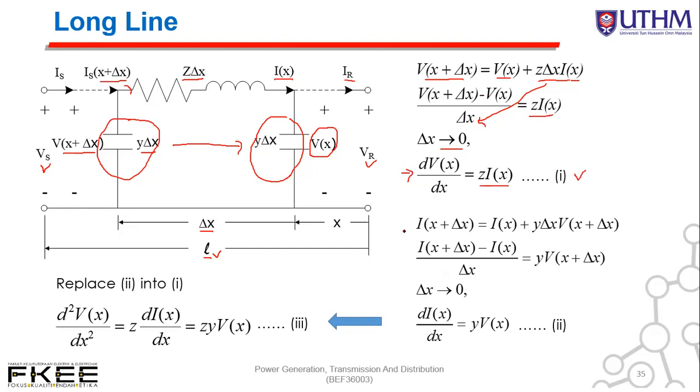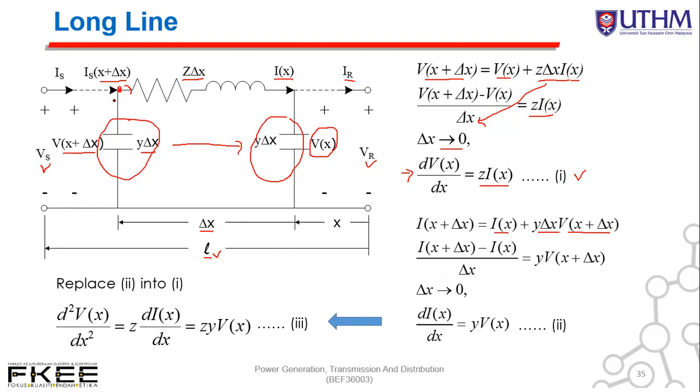Then for the current, Ix plus delta x is nothing but the current at this point. We use KCL: I at x plus delta x equals Ix, the current here in the transmission line, plus Y delta x times V at x plus delta x.